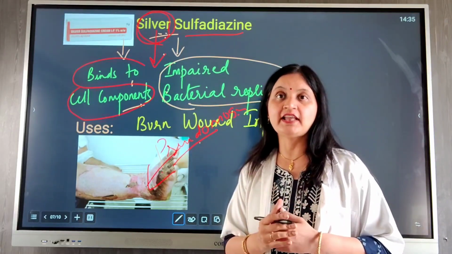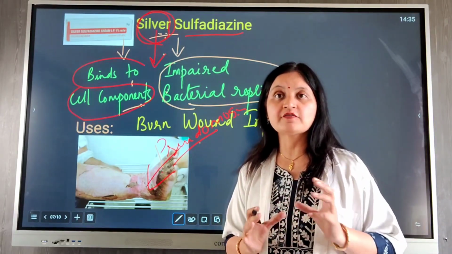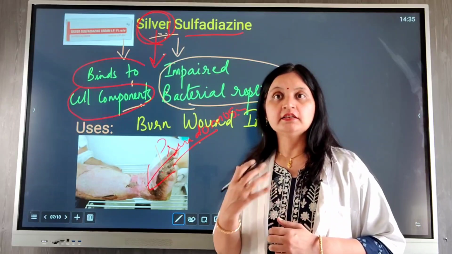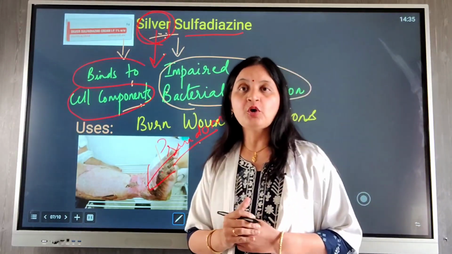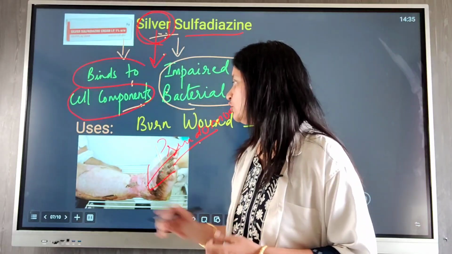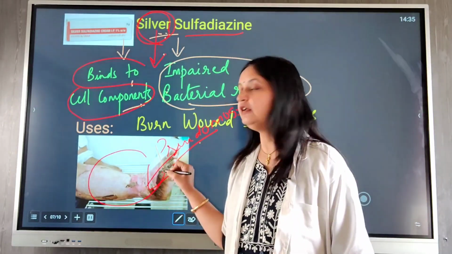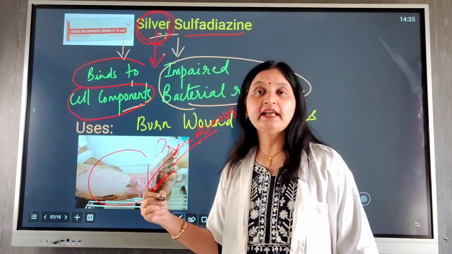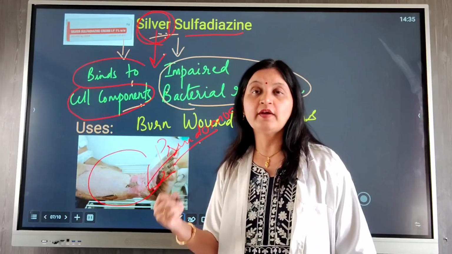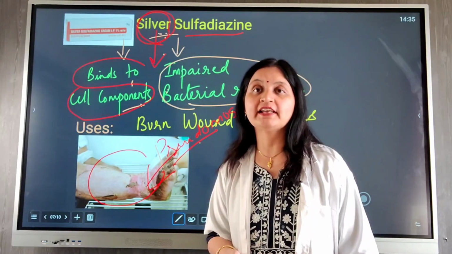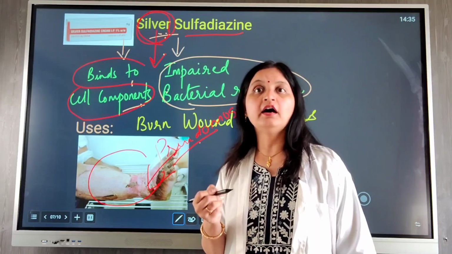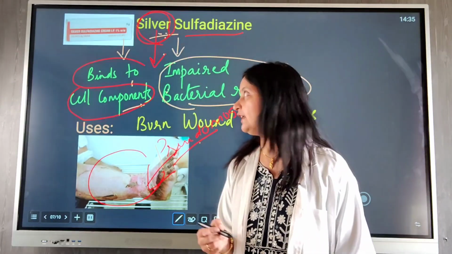Therefore, silver sulfadiazine, by combining the properties of silver and the sulfonamide property of inhibiting Pseudomonas, is useful for treating second to third degree burn wounds where Pseudomonas is the causative organism, and also many of the gram-negative bacteria are inhibited by silver sulfadiazine.